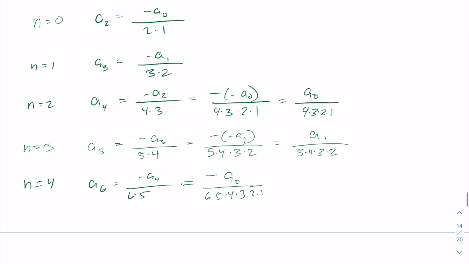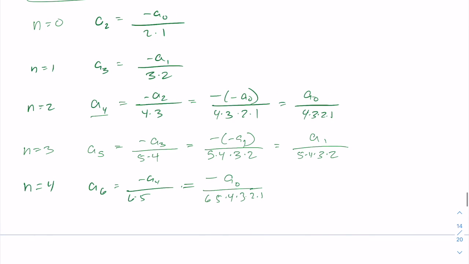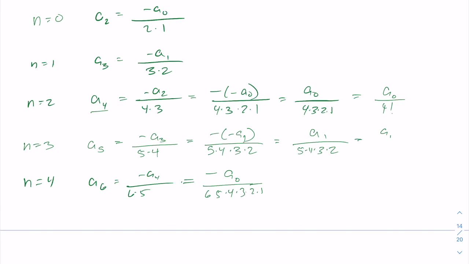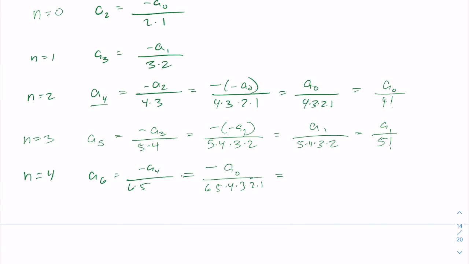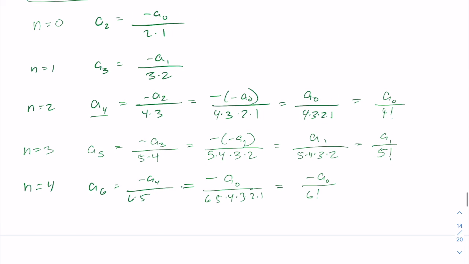I think we're starting to see the formula here. So a4 is going to be a naught over 4 factorial. This is a1 over 5 factorial. This is minus a naught over 6 factorial. This is minus a1 over 3 factorial, and that's minus a naught over 2 factorial.